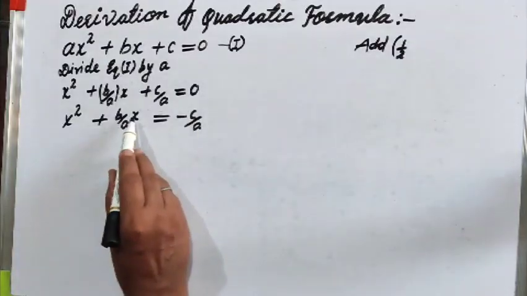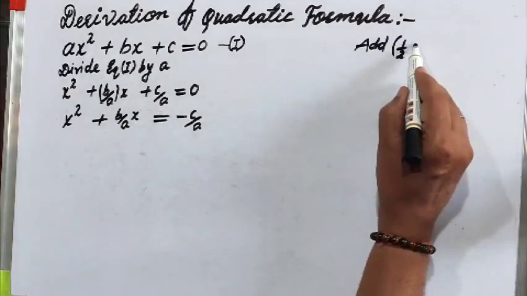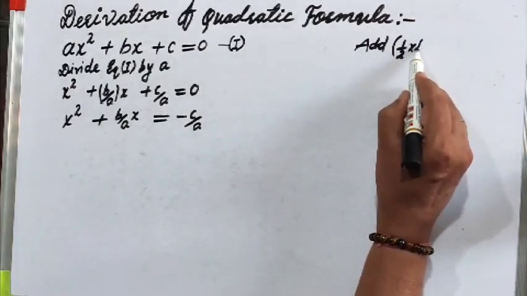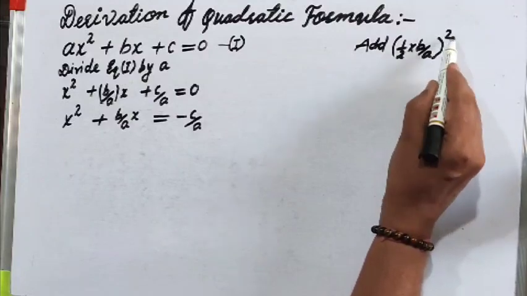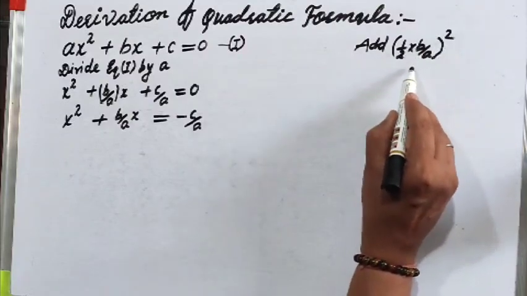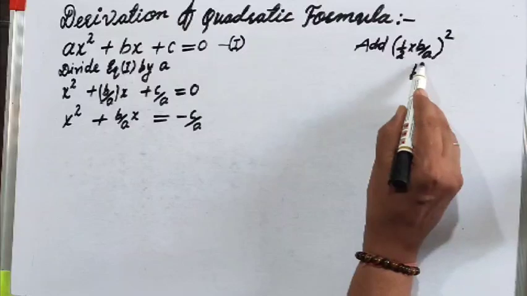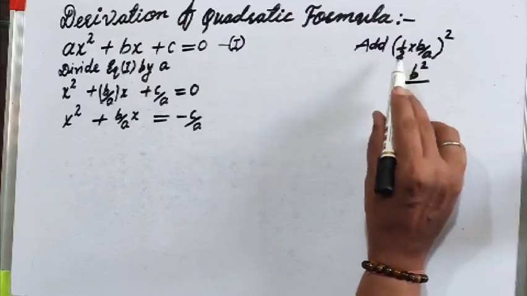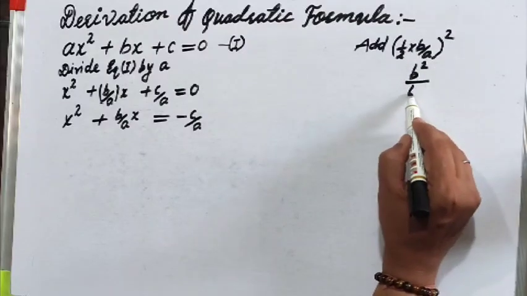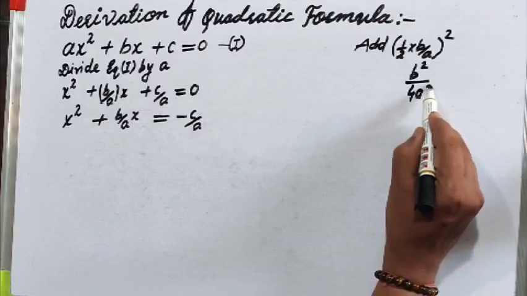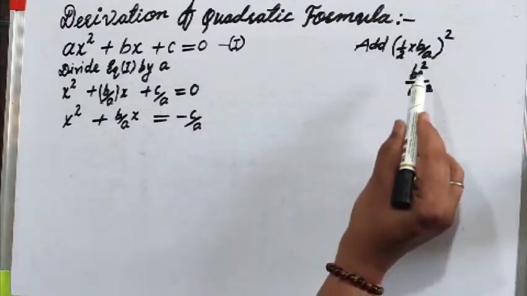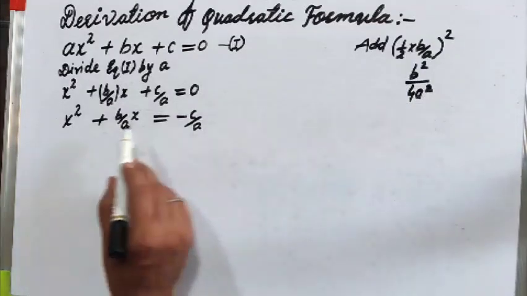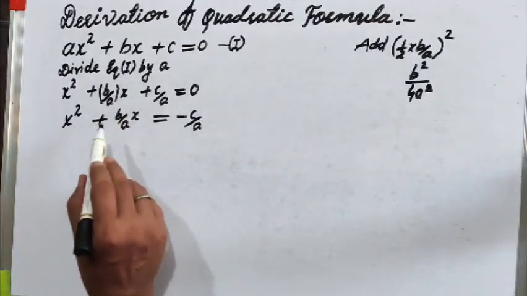What is the coefficient of x? b by a. So I will write 1 upon 2 b by a the whole square. When you simplify this, you will get b square upon 2 to the 4 and a square, which is b square upon 4a square. Now I am going to add b square upon 4a square to both sides of the equation.